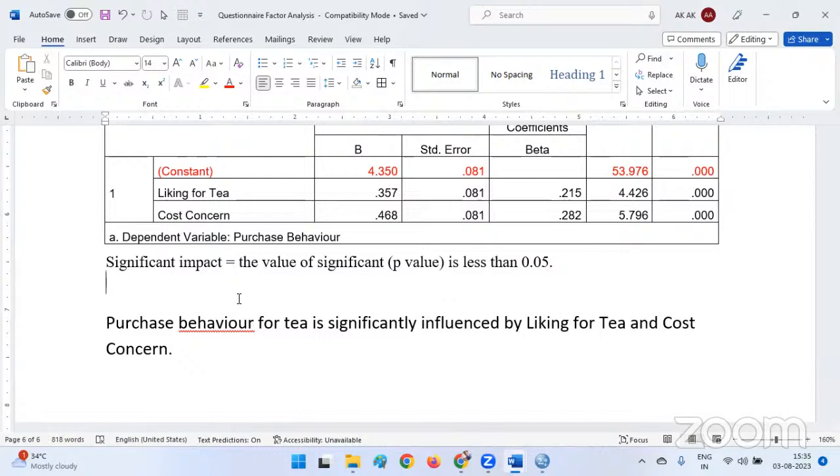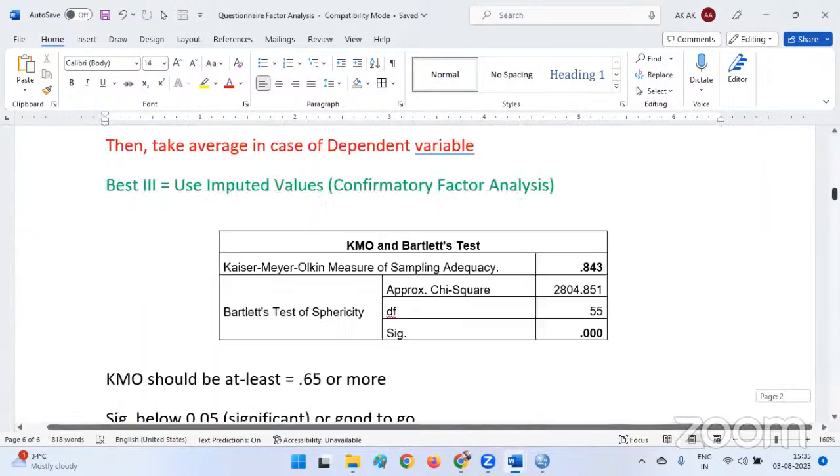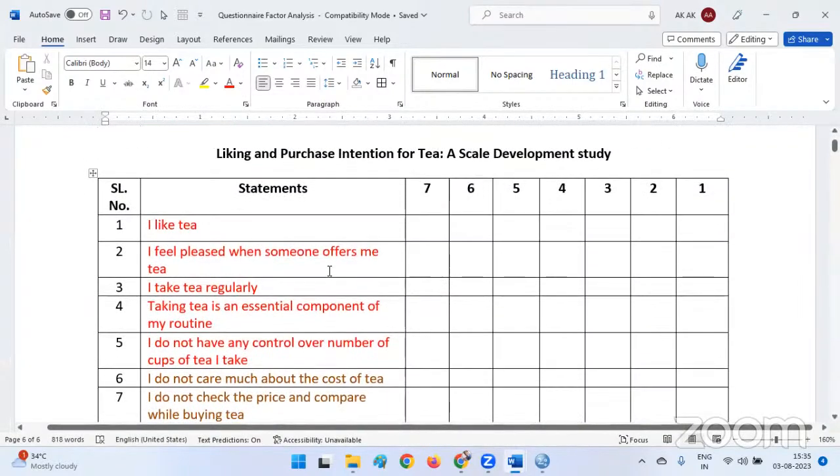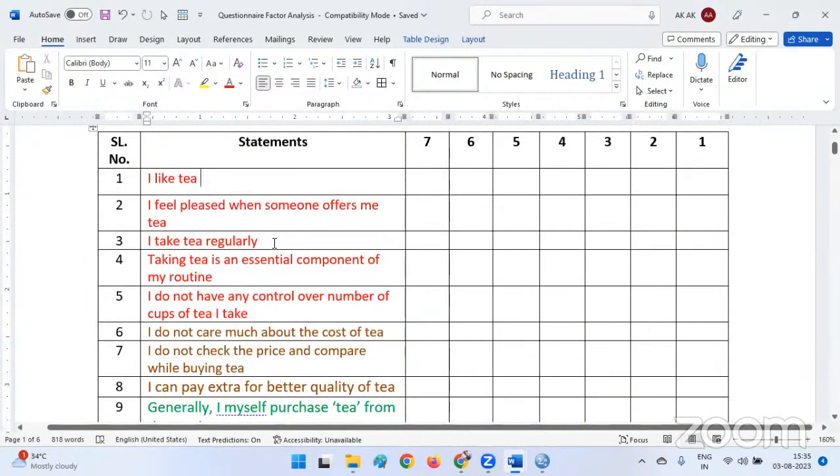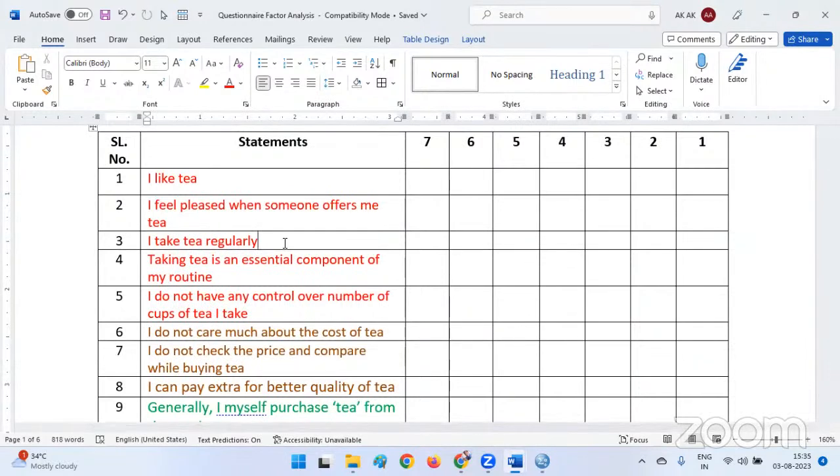Okay, so let's take a quick recap of whatever we have done in factor analysis. First of all, we should have a questionnaire with similar statements. I want to measure something and I want to be sure. I cannot go to a respondent today, tomorrow, and the day after tomorrow to ask the same thing. So Likert said, don't ask the same thing at different intervals; rather, ask similar things at the same time.